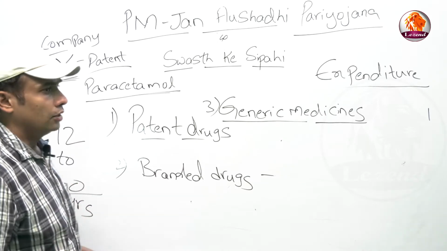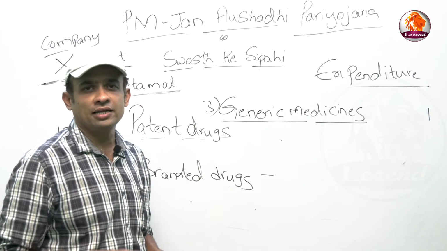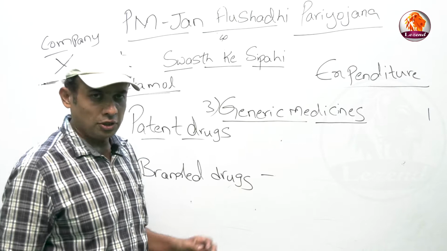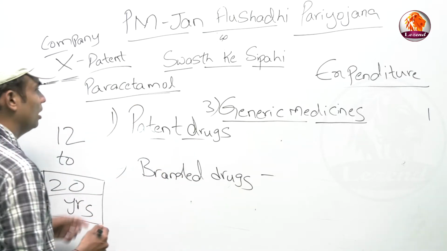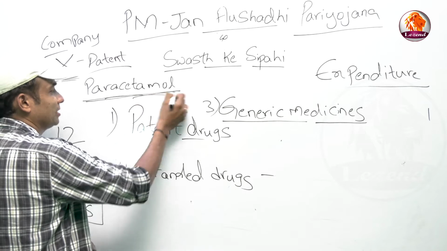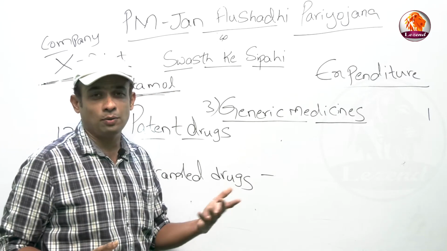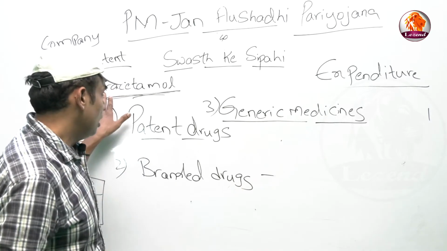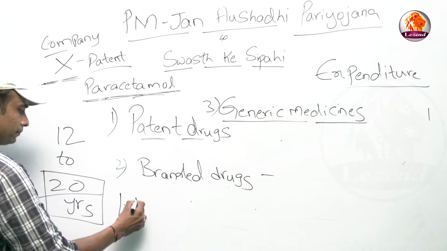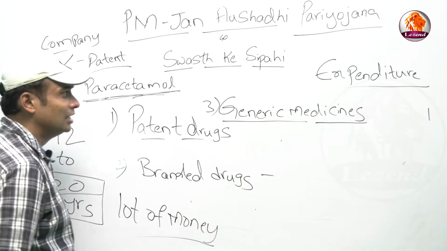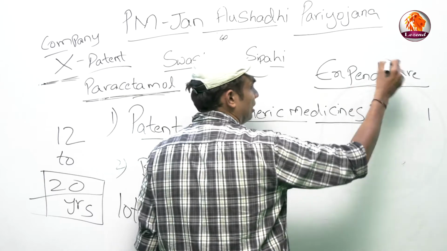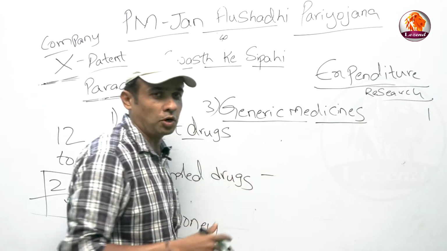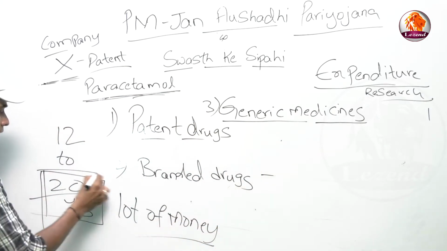For 20 years, no other company can produce that drug without permission from company X. In this period, the amount earned on selling paracetamol, a very required drug, is large. Since they have spent all the expenditure on the research work, they get their money back and they also earn lots of profits in this period of 20 years.